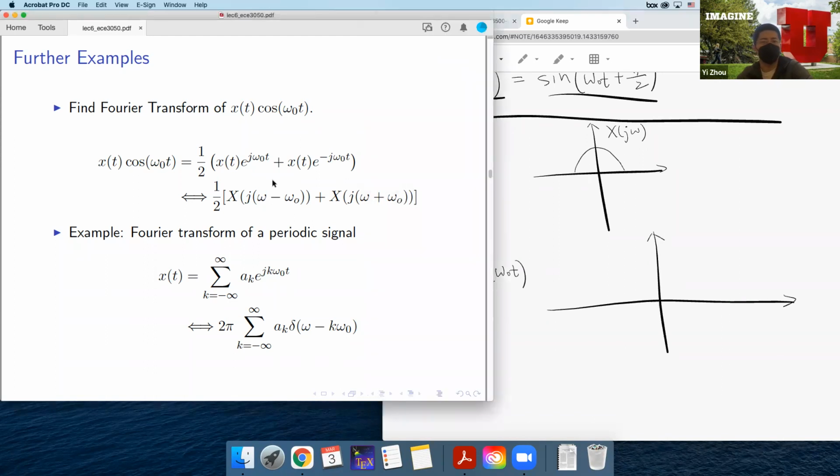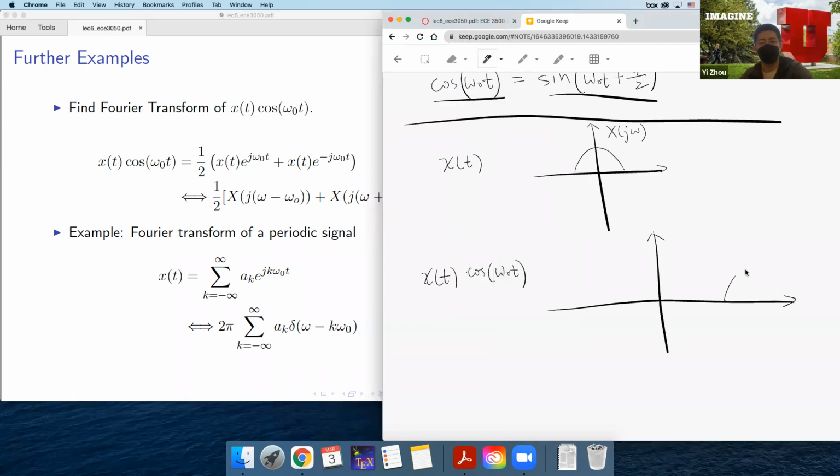One part is to copy the original spectrum and shift it to the right by omega naught. So it's right here, shifted to the right by omega naught. And the other spectrum is located on the other side.